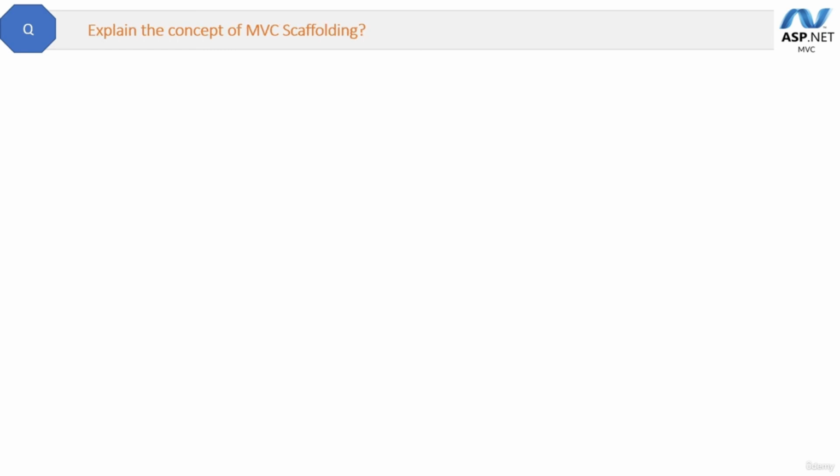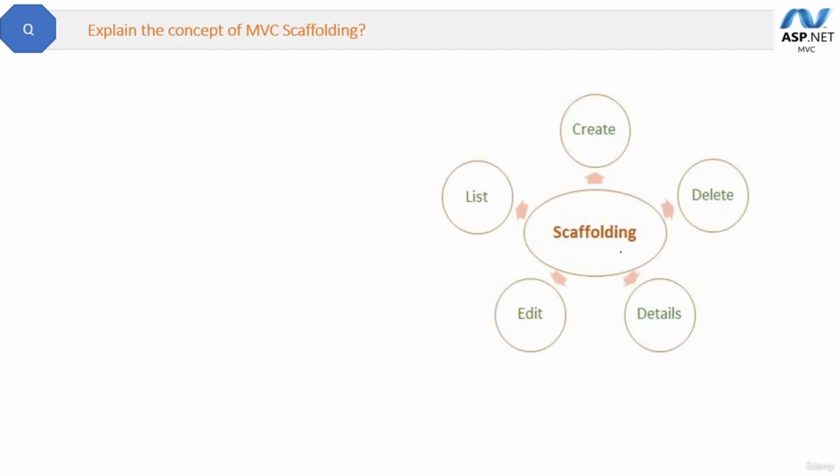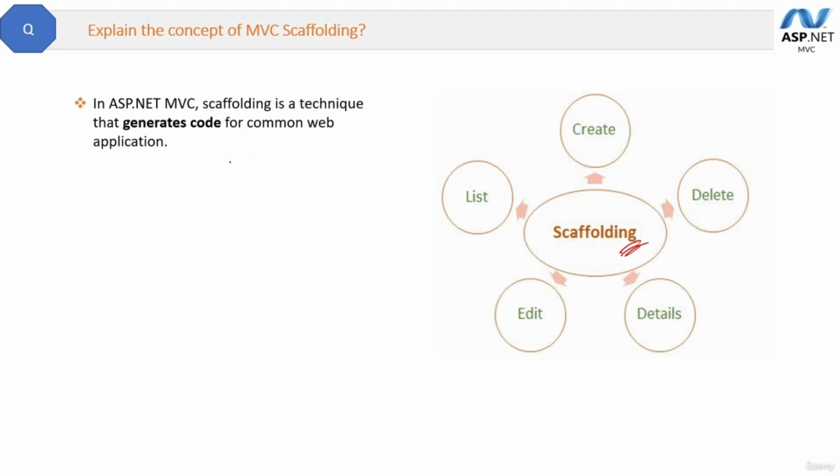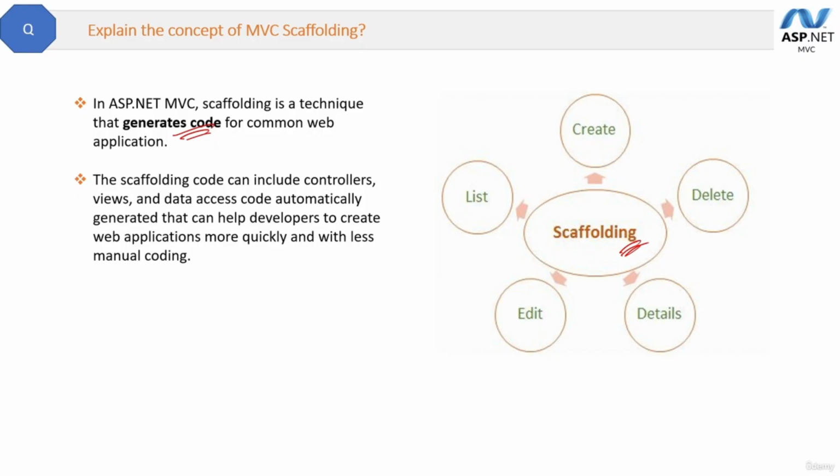Explain the concept of MVC scaffolding. See the diagram here. Scaffolding helps to create a default format for CRUD operations in very little time. That's it. If you look at the definition, in ASP.NET MVC, scaffolding is a technique to generate code for common web applications. Some more detail: the scaffolding code can include controllers, views and data access code automatically generated, which can help developers create web applications more quickly and with less manual coding.